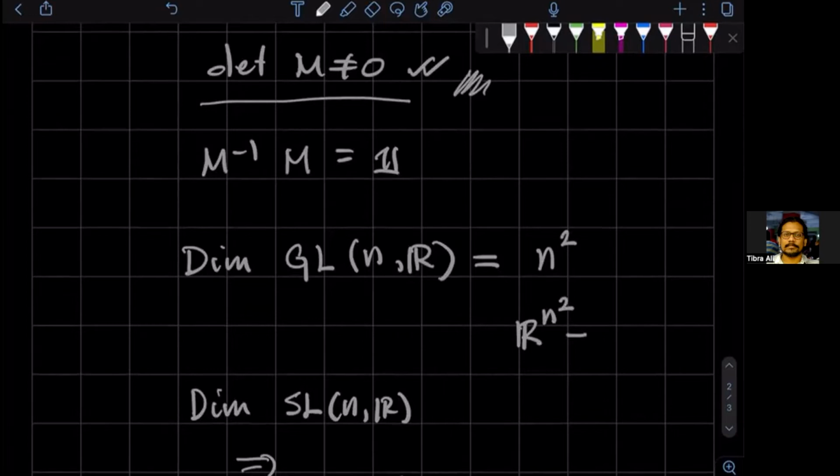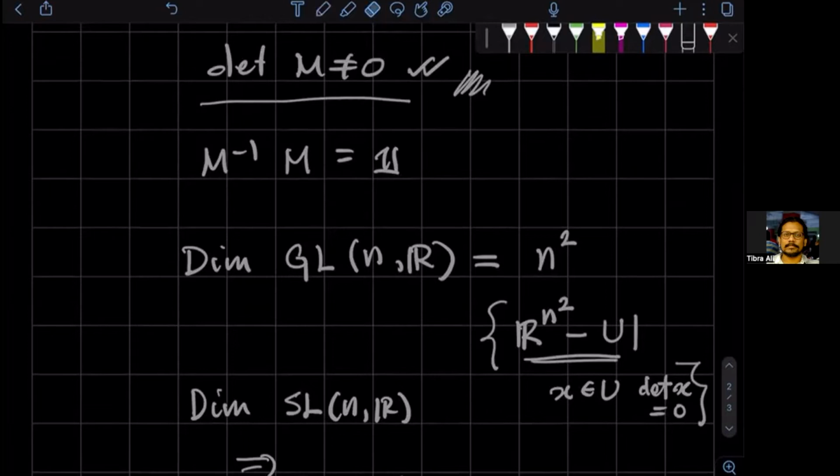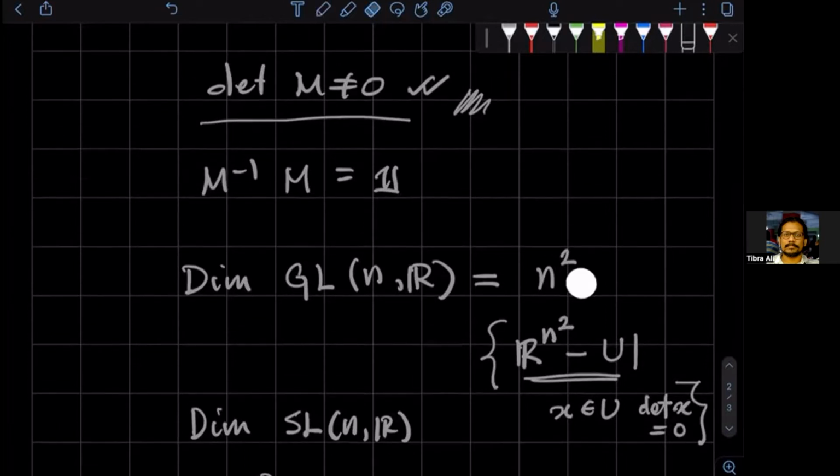Let's call those points U, such that U is the locus of points such that the determinant of X is 0. So this is the space of parameters, but the dimension is still n squared. Is that clear?